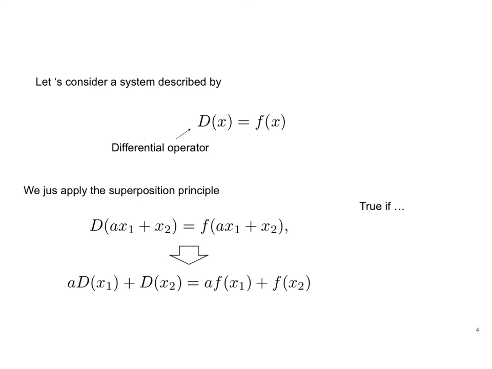So a differential equation is linear if both the differential operator and this function f are linear. It means that the superposition principle applies, and we can have a differential operator expressed like this and a function expressed like this. If this can be done, we can say we have a linear differential equation.